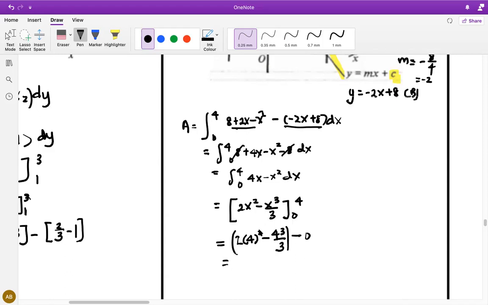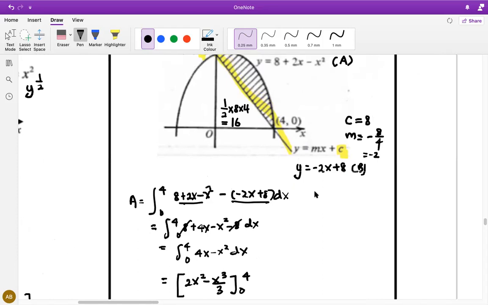So the answer should be 2 times 4 squared minus 4 cubed over 3. So it's 32 over 3.